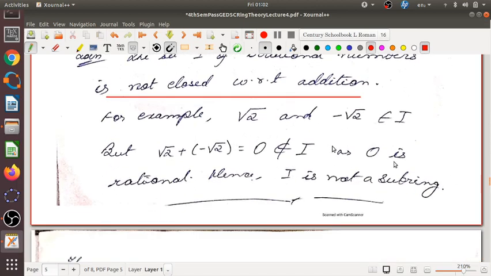For example, root 2 is an irrational number, minus root 2 is also an irrational number, but root 2 plus minus root 2 is 0, and 0 is a rational number. So the set I is not a subring. It is not closed with respect to addition. If it is a subring, it has to be closed with respect to addition, multiplication, etc.